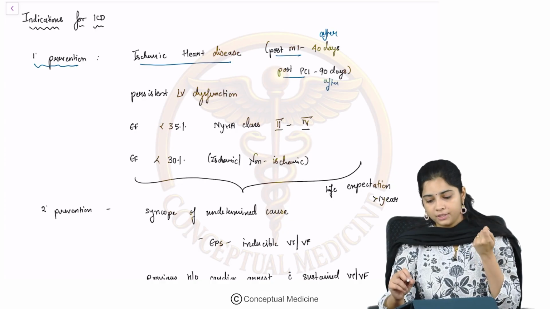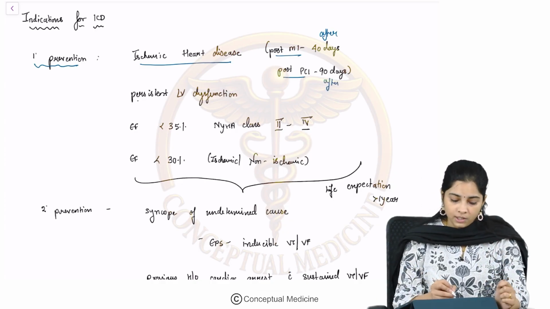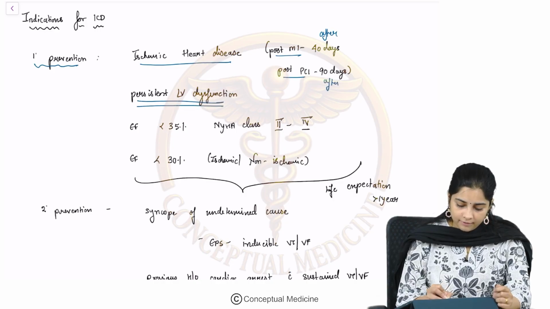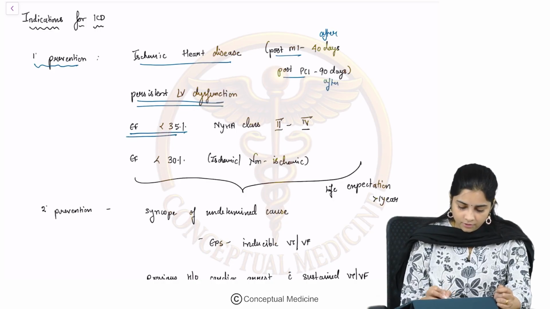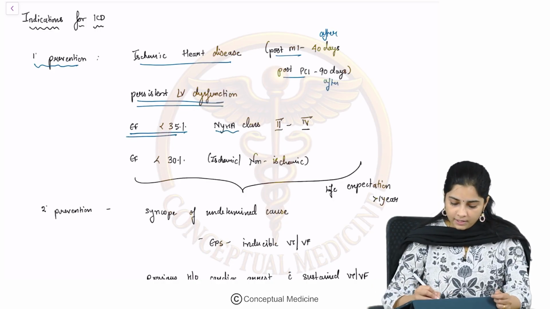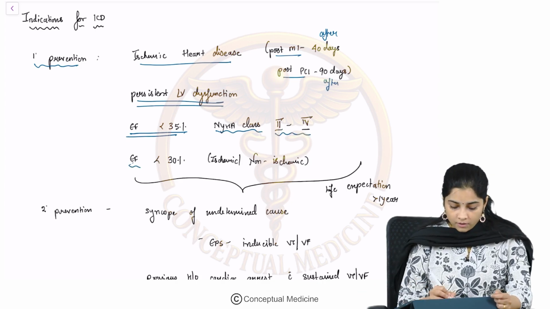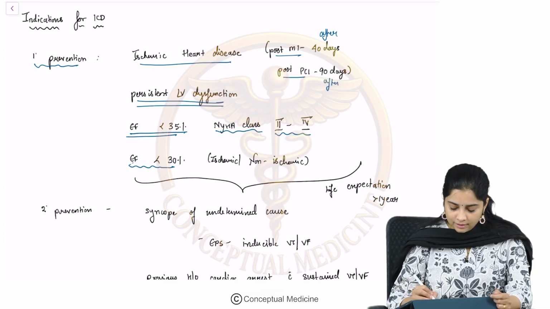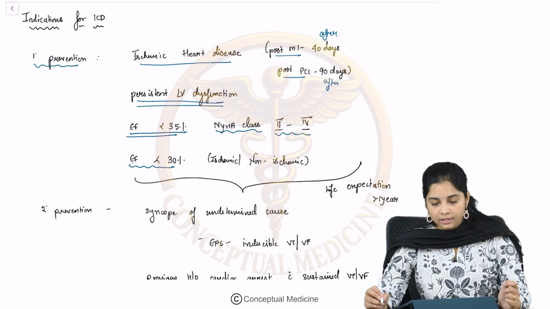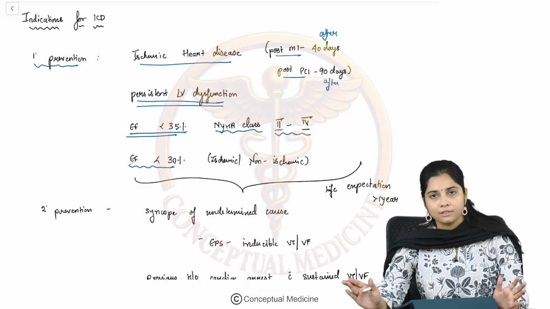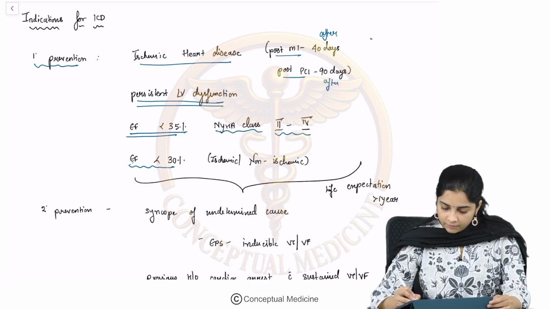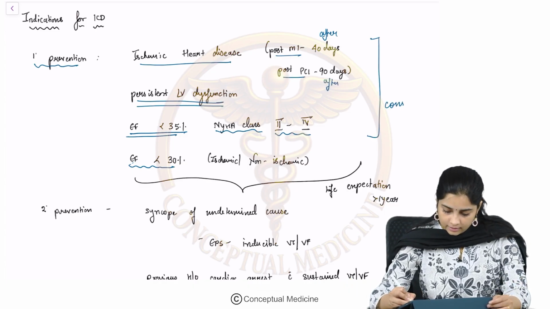If after 40 days of an MI the patient also has persistent LV dysfunction with an ejection fraction of less than 35% and the patient is in NYHA class 2 to 4, or the ejection fraction is less than 30% in an ischemic or a non-ischemic heart failure, then we consider putting an ICD.